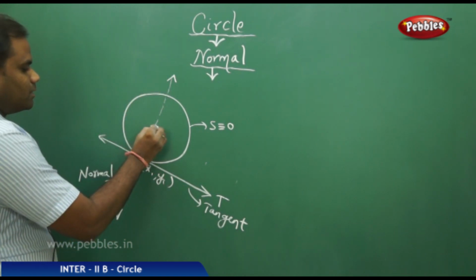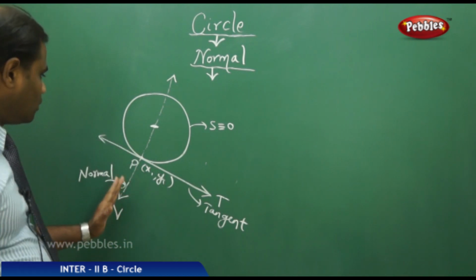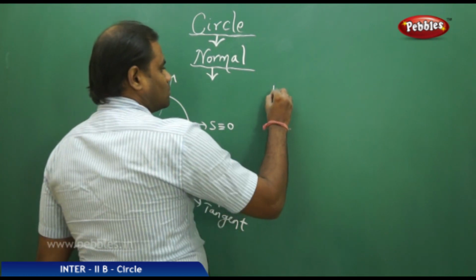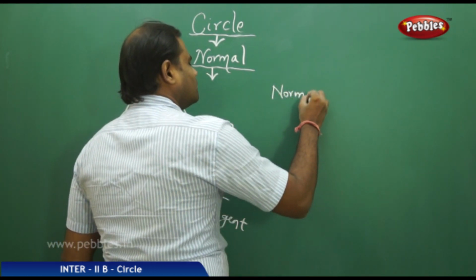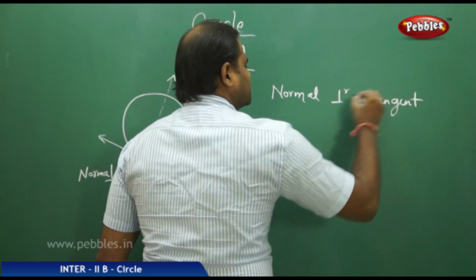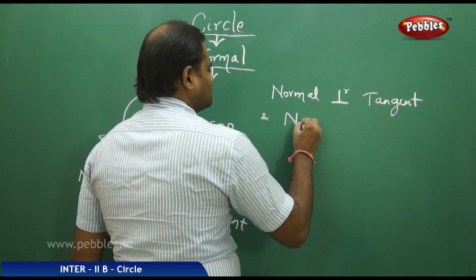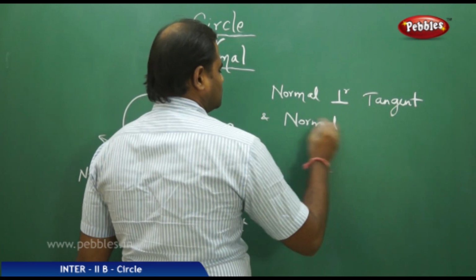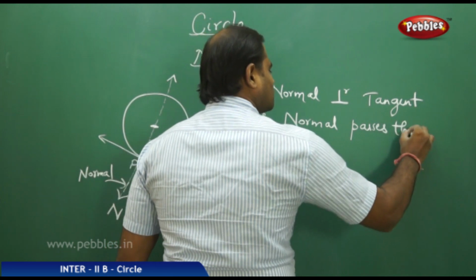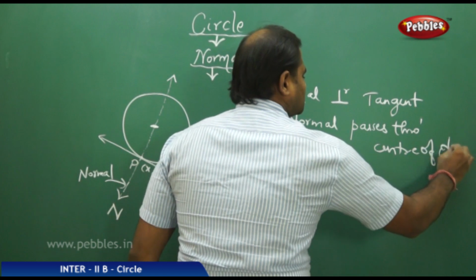But there is a very important geometrical property we need to understand, that the normal always passes through the center of the circle. So the normal is perpendicular to the tangent and the normal passes through the center of the circle.